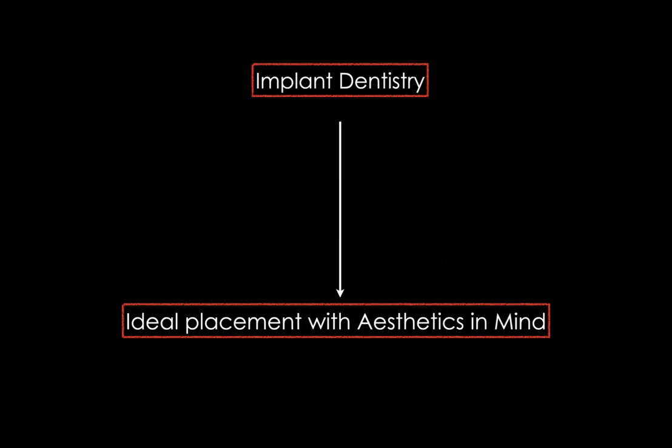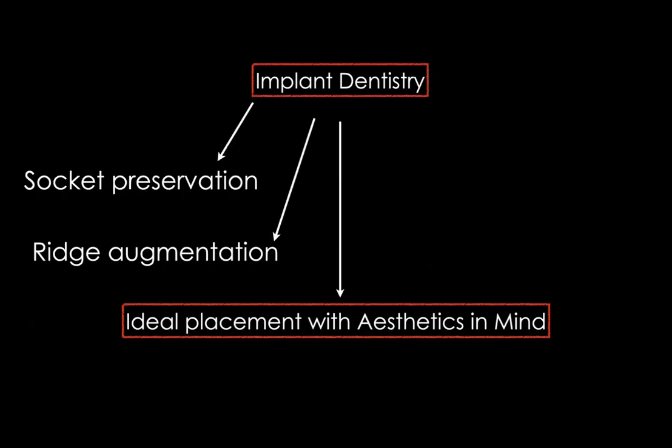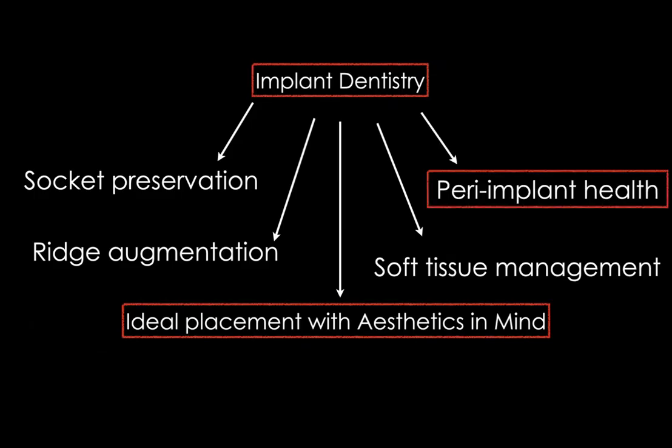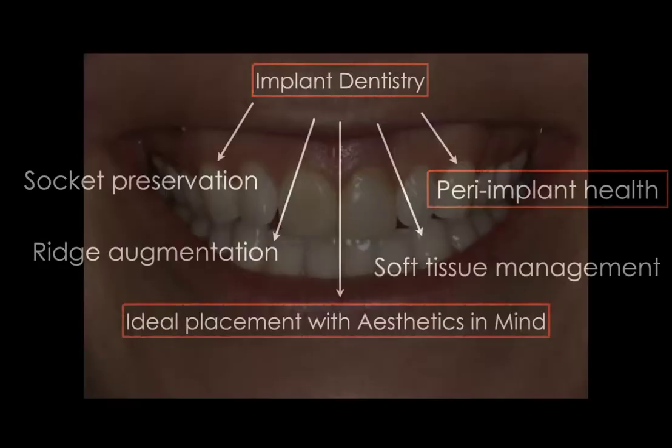In order to achieve that, sometimes we will require ridge augmentation, site preservation, sometimes soft tissue management, and all of that to achieve good peri-implant health. And as you can see, in everything that we talk about, there's always this trilogy that is making up the dentistry of today: the aesthetic and the health included with the implant dentistry.